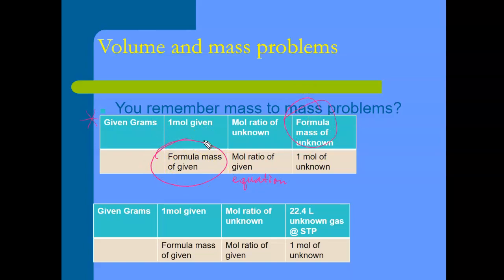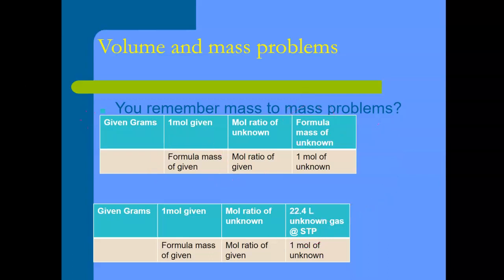When we want to solve for liters, all we have to do is change our formula mass in the calculation to our molar volume in the calculation. And this all depends on it being at STP. So it's got to be at STP. And remember, that means 0 degrees Celsius and 1 atmosphere.